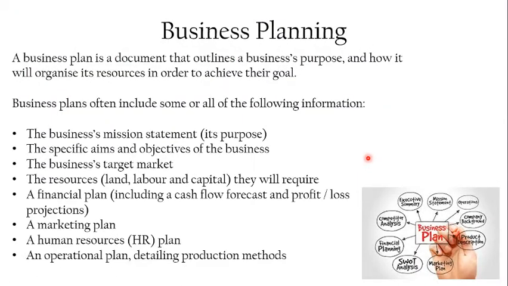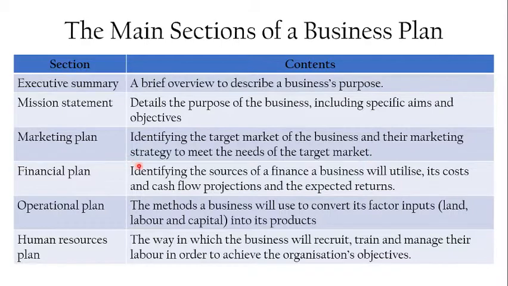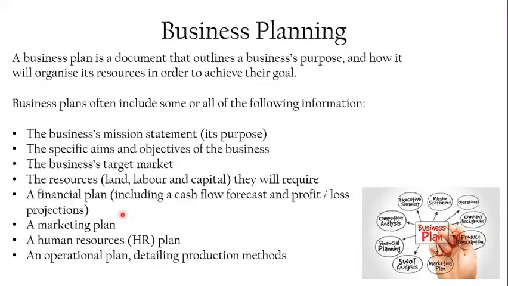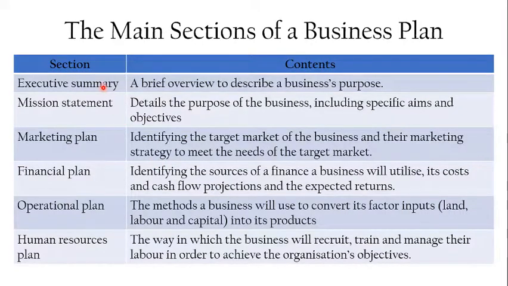So what would the main sections of a business plan be? Well, these sections would incorporate much of this information that I've just talked about here. We would tend to start the business plan with an executive summary. An executive summary is like a very brief overview of the business. What you're trying to do with an executive summary is get somebody interested in your business.